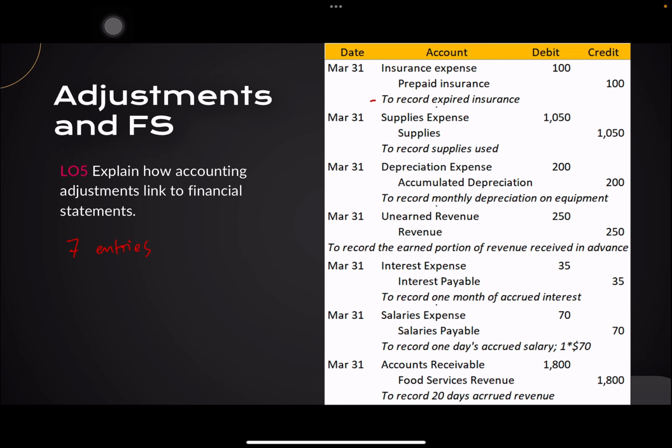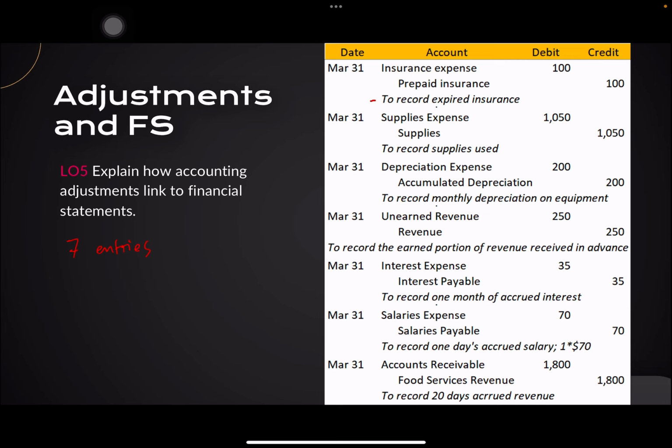So I'm explaining this to you right now because on the succeeding slide, you would see a mapping of the worksheet. So a worksheet consists of your unadjusted trial balance and your adjusting entries. From your adjusting entries, you would need to update your unadjusted trial balance to arrive at your adjusted trial balance.